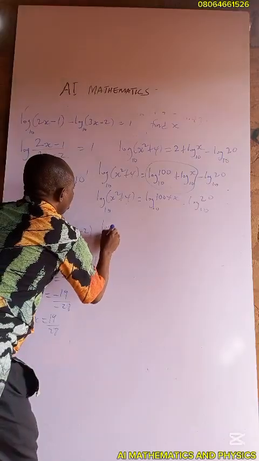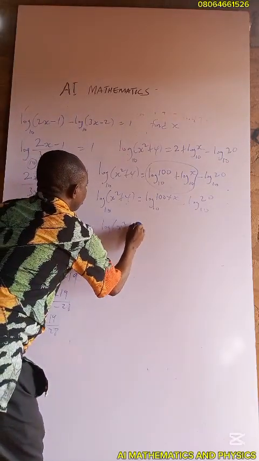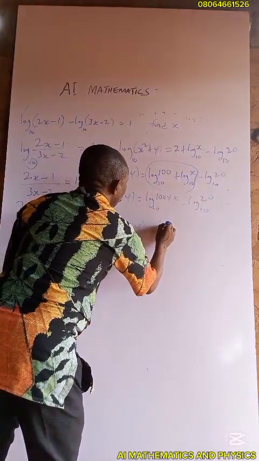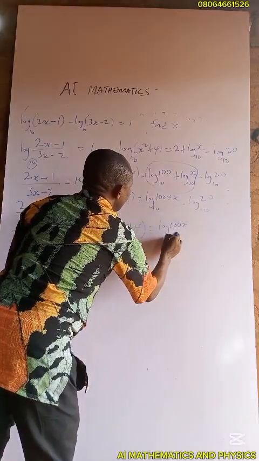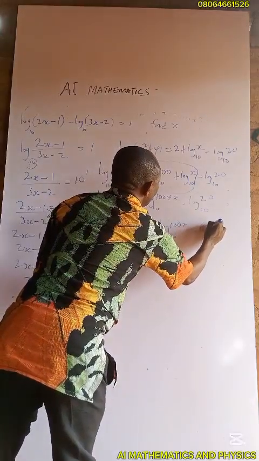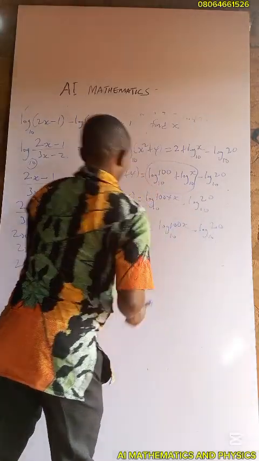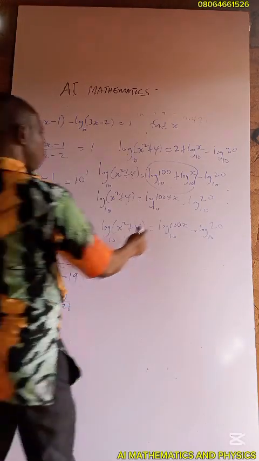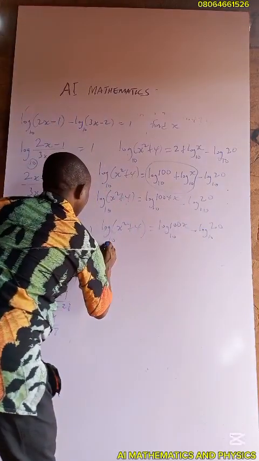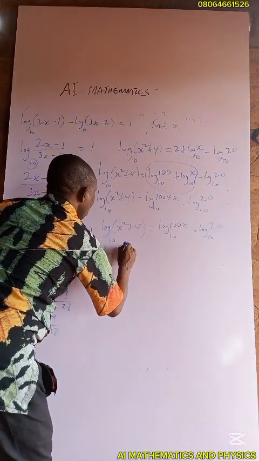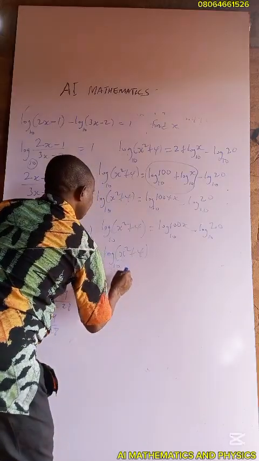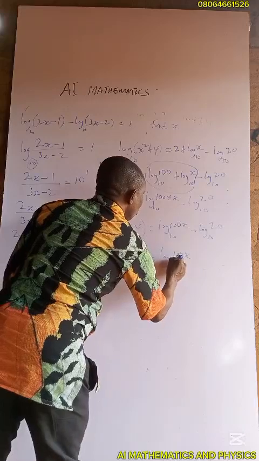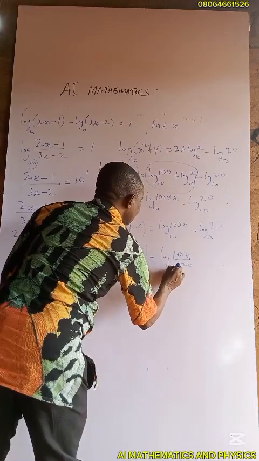That is log x squared plus 4 base 10 equal to log 100x base 10 minus log 20 base 10. Now, we can still bring this one together. That's log x squared plus 4 base 10 equal to log 100x over 20 base 10.